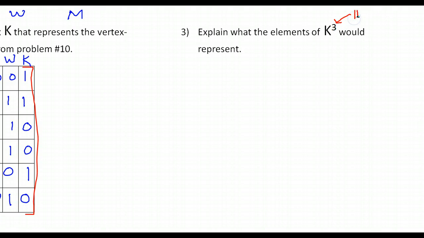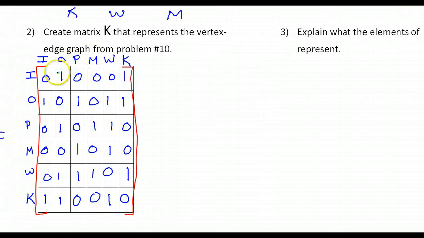So this is going to be the number of borders crossed. If I cubed this matrix, each element would represent the number of ways you can get from one state to another crossing 3 borders.